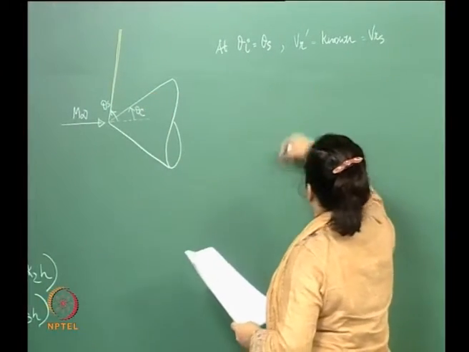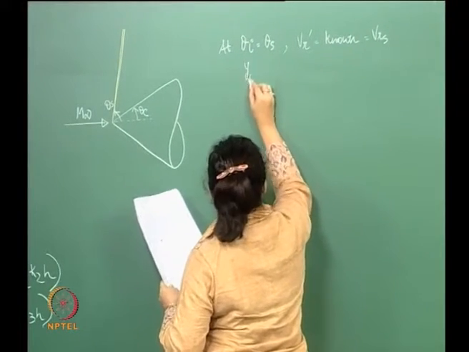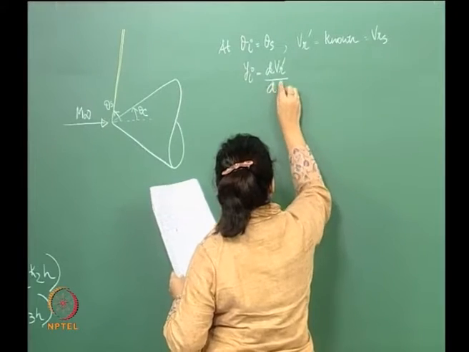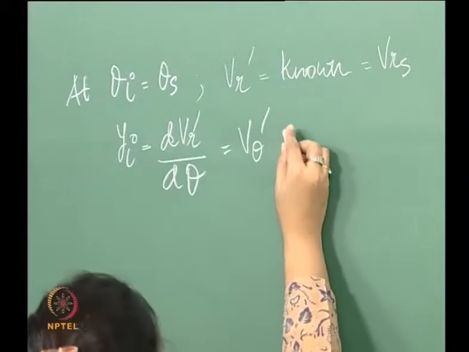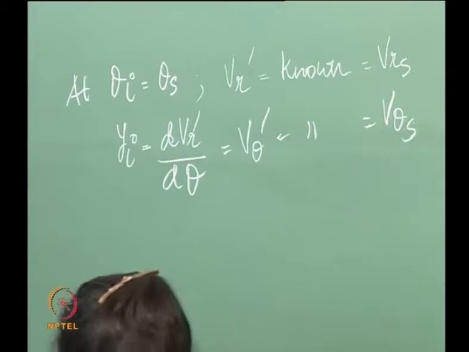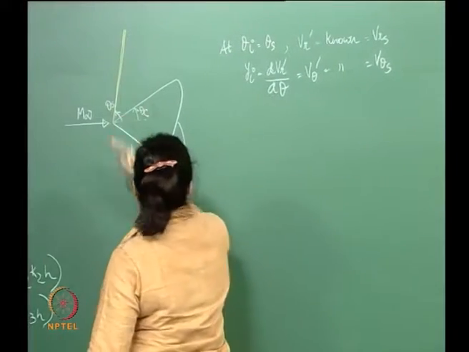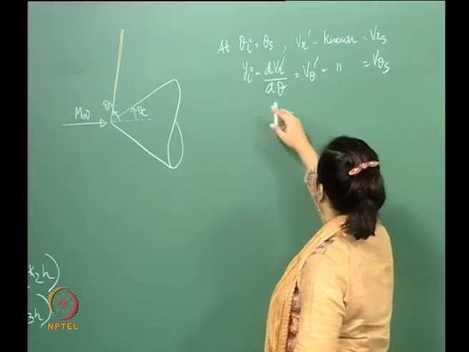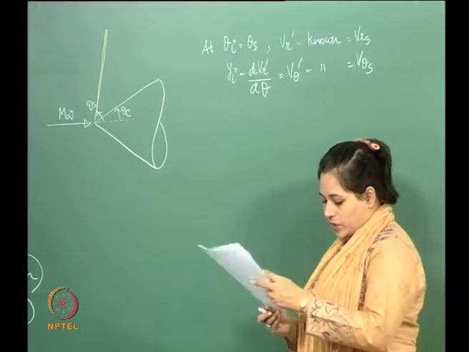When we start, this is known to us: V r dash. And here, therefore, this is also known. So let us start from this theta out here. When we start right at the shock, we basically know V r dash and V theta dash, if we start from there.